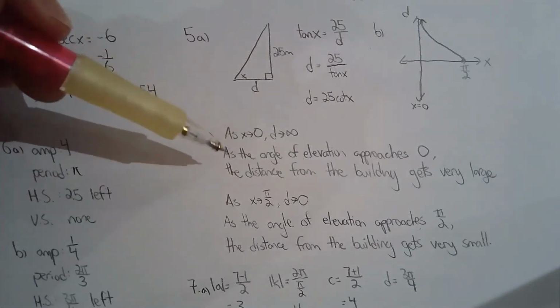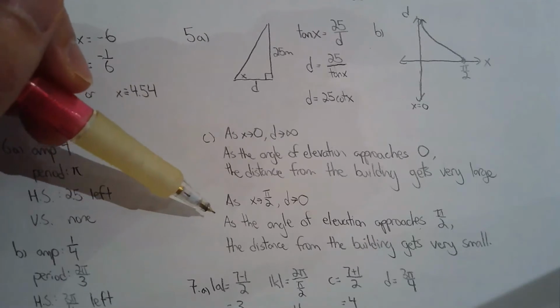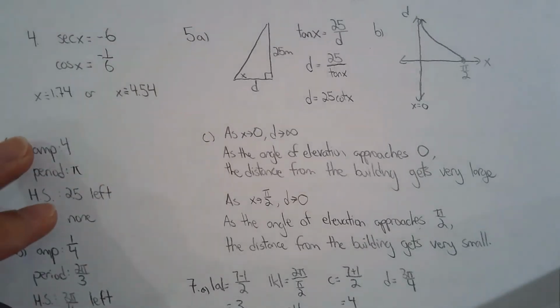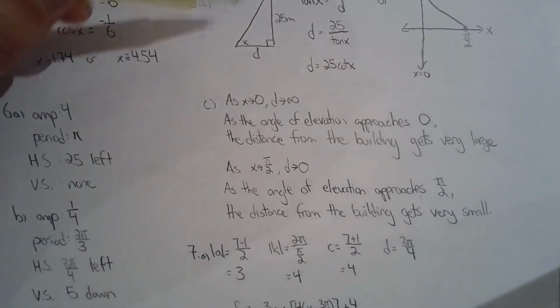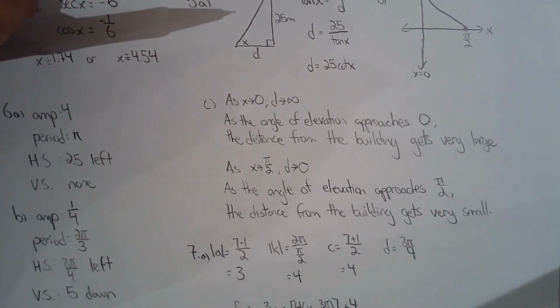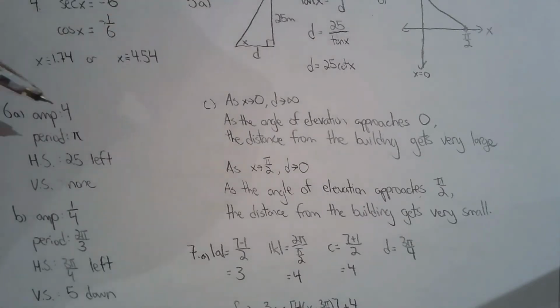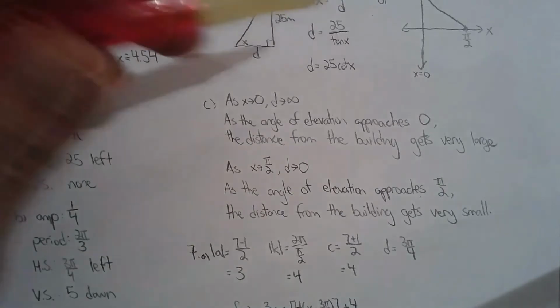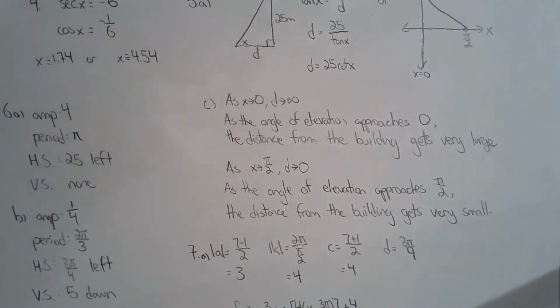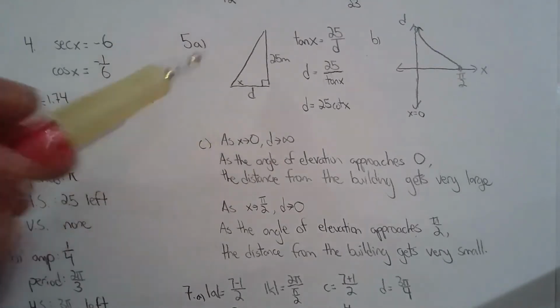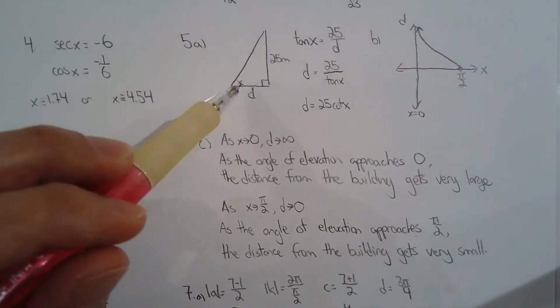And if the angle of elevation is approaching pi over 2, which is pretty much 90 degrees, then the distance between the person and the building is getting very small. It's approaching 0. You can see that from the graph, and you can see that from the right triangle. So either way, you can see these two relationships from the right triangle or from the graph.